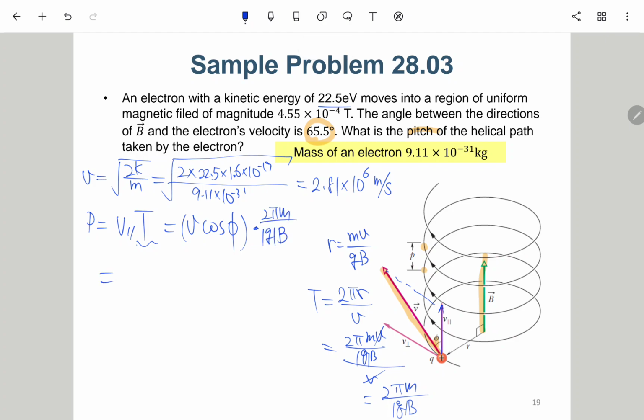Okay, so here v equals 2.81 times 10 to the 6th power times cosine 65.5 degrees. This is the v parallel.